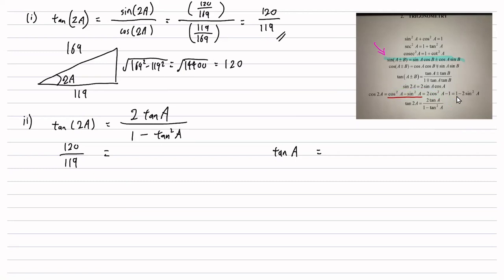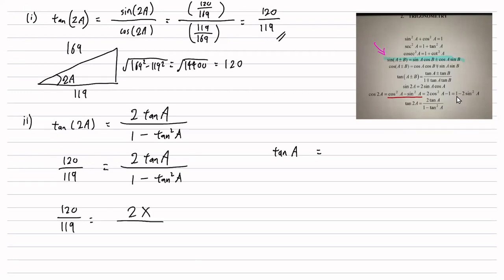But then what do you realize? The left-hand side is just a number, then the right-hand side involves tangent A and tangent squared A. When you see square, what do you think of? If I just let x equal tan A, what kind of equation is this?